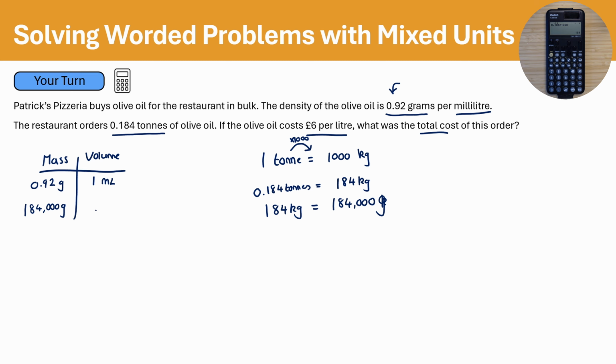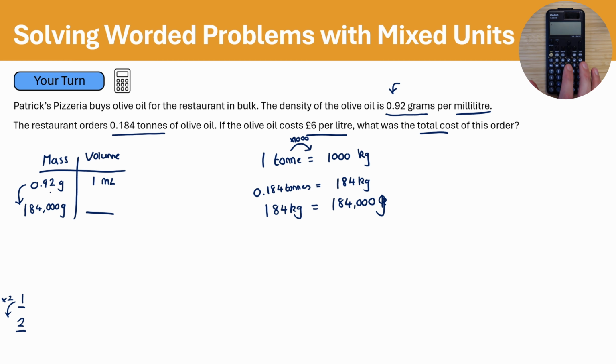And what this allows us to do is to work out the unknown volume of how much olive oil they ordered. To do this, we want to see what did we multiply 0.92 by to get to 184,000. And like I said on the previous example, if we had 1 and 2, we can see that we've multiplied by 2. But how do we get that multiplier? We do this number divided by this number. I'll do my 184,000 divided by 0.92.